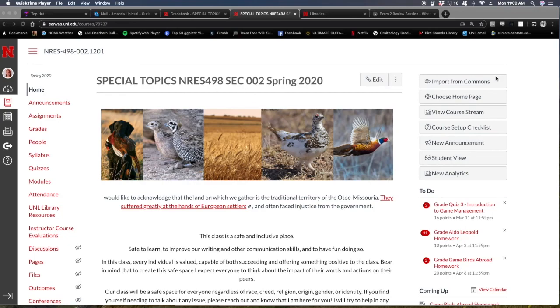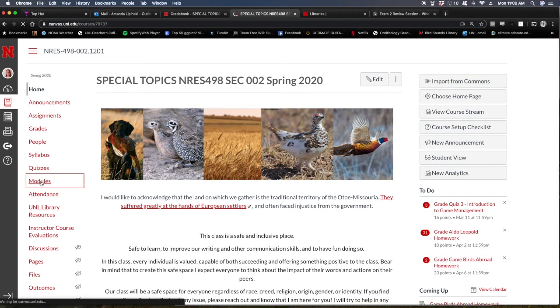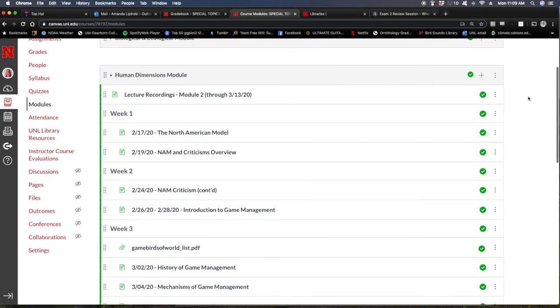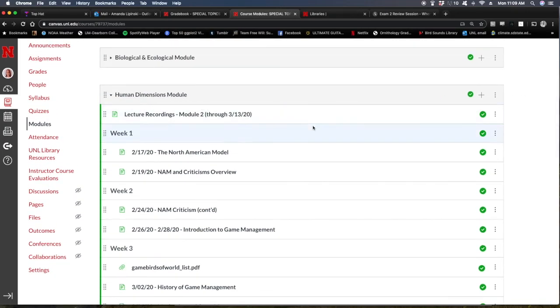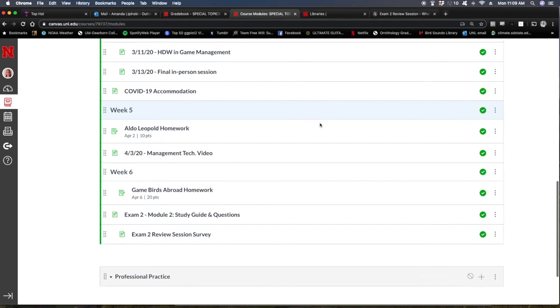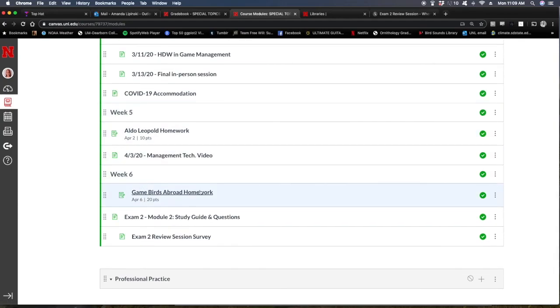Let's start off by taking a look at what's coming up, what's due, and where it's located between Canvas and Top Hat. If you go to the modules page on Canvas and scroll down to our human dimensions model at the bottom, you'll see that for week 6 you now have your Game Birds Abroad homework, which was posted with some questions that you need to answer.